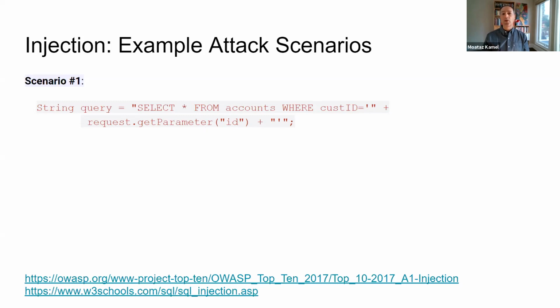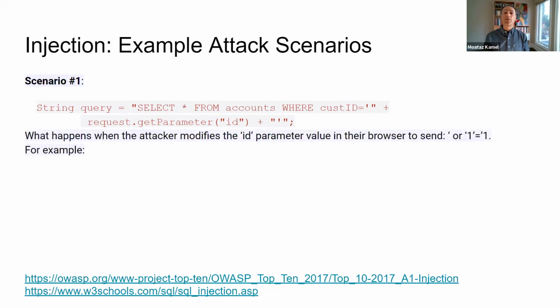This is a vulnerability right here in the code. An attacker can modify the ID parameter in the browser. If the browser is transmitting that ID parameter, they can modify it right in the URL and put this string, for example, just a quote, or 1 equals 1.